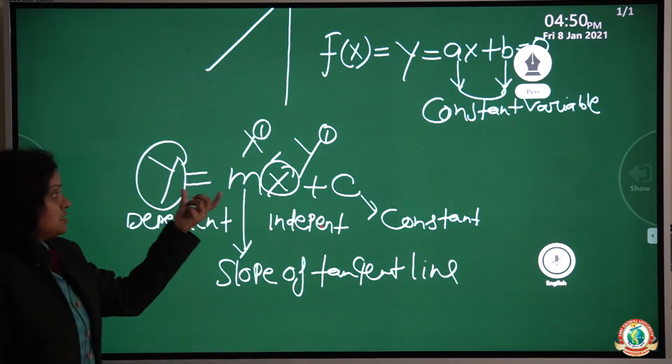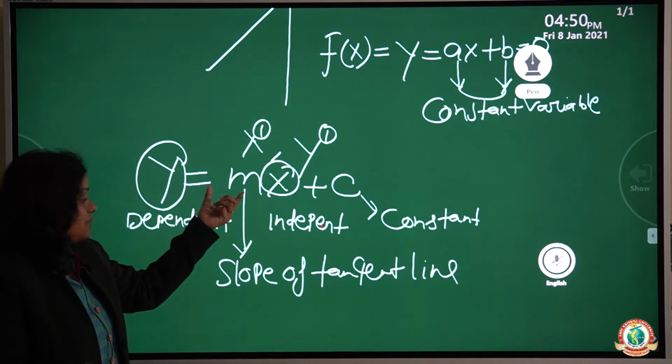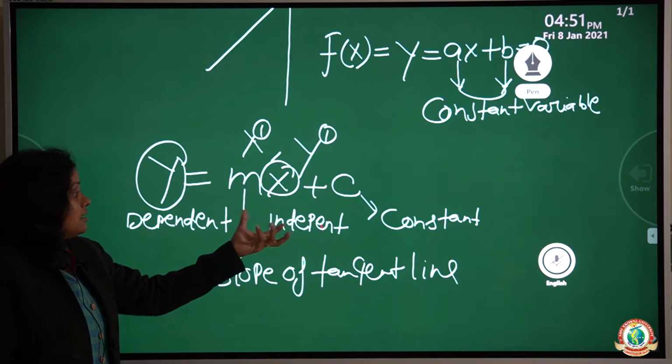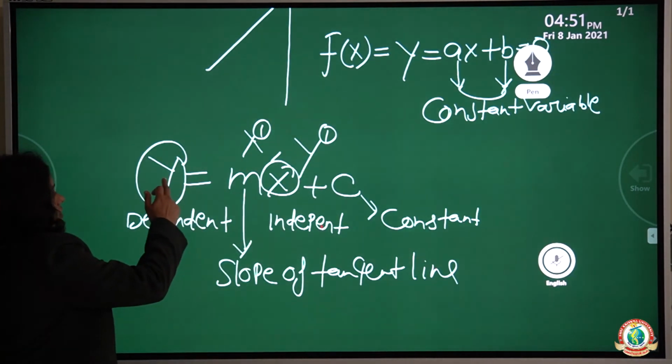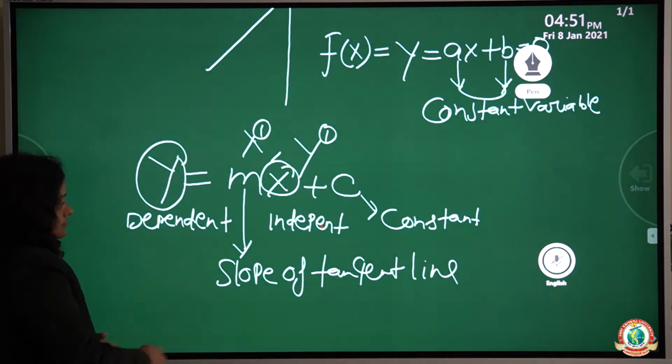So this equation is called the tangent line, and m is the slope of the tangent line. These are the variables of this equation, and every variable has a degree of 1.